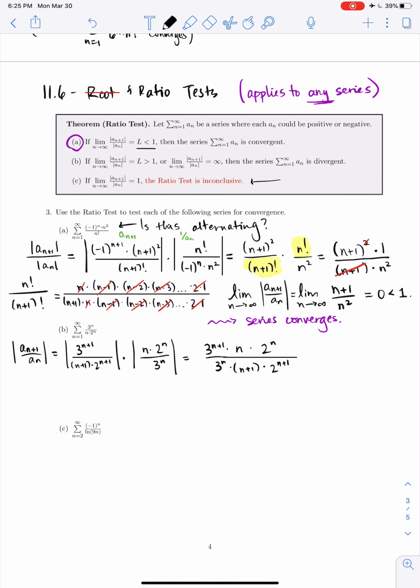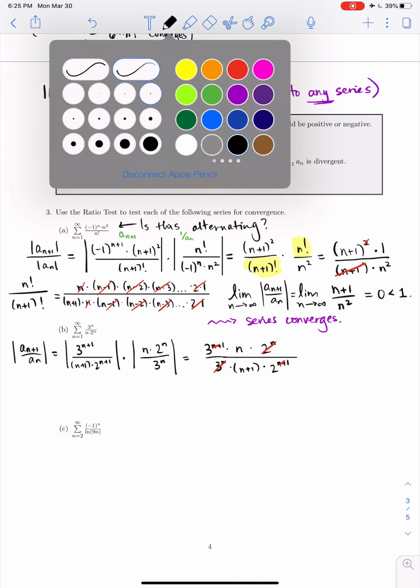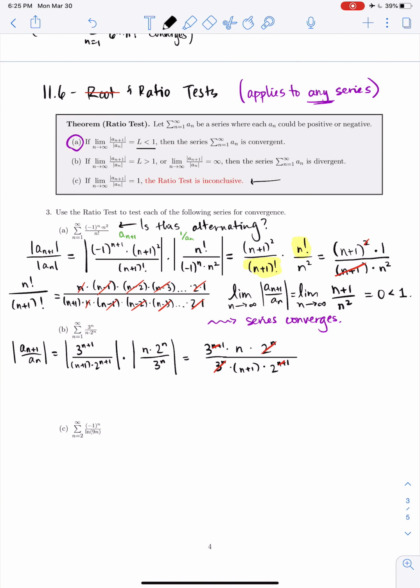So the 3 to the n plus 1 and the 3 to the n will cancel, leaving you just with 3. The 2 to the n plus 1 in the denominator and the 2 to the n in the numerator cancel, leaving just a 2 in the denominator. And please do not do bad algebra. The n and the n plus 1 do not cancel. Okay, so we are left with 3n all over 2 times n plus 1.